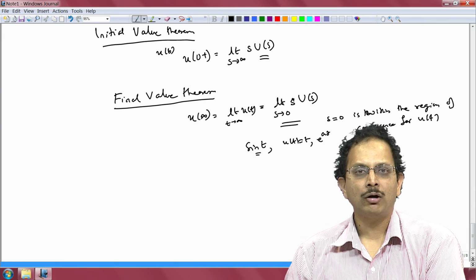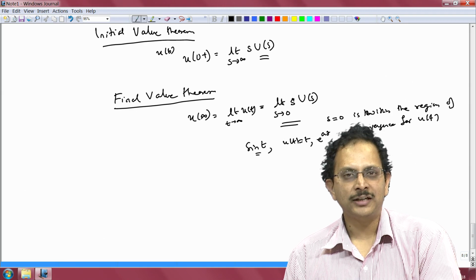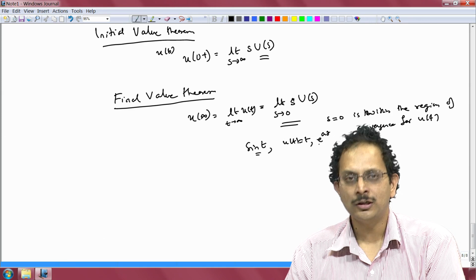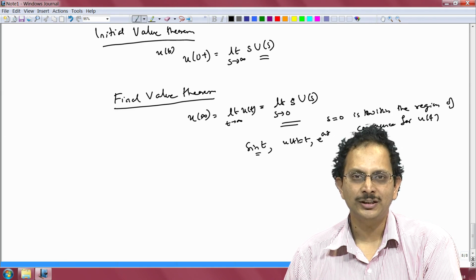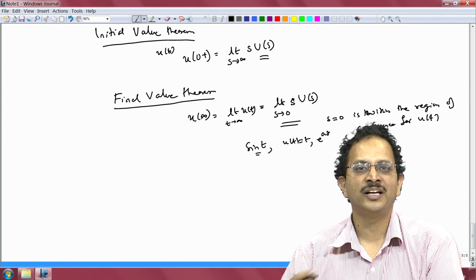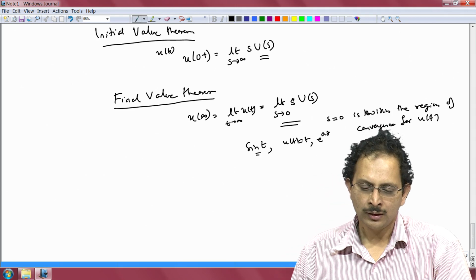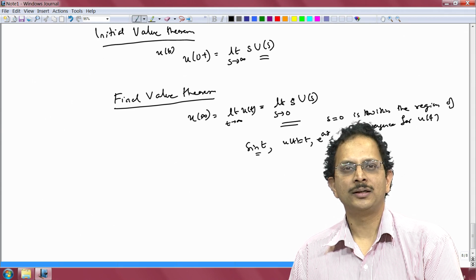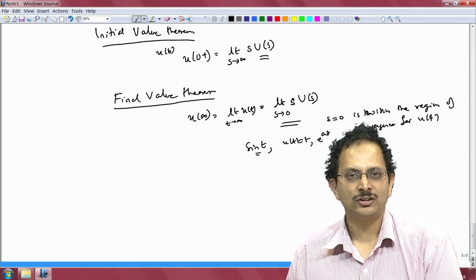But the reason we get such contradictory and counterintuitive results for these cases is because these signals do not include the origin as part of their region of convergence. Now, let us focus on the initial value theorem and look at its consequences as far as the structure of the transfer function is concerned. The initial value theorem sheds important light on the structure of the transfer function G(s).